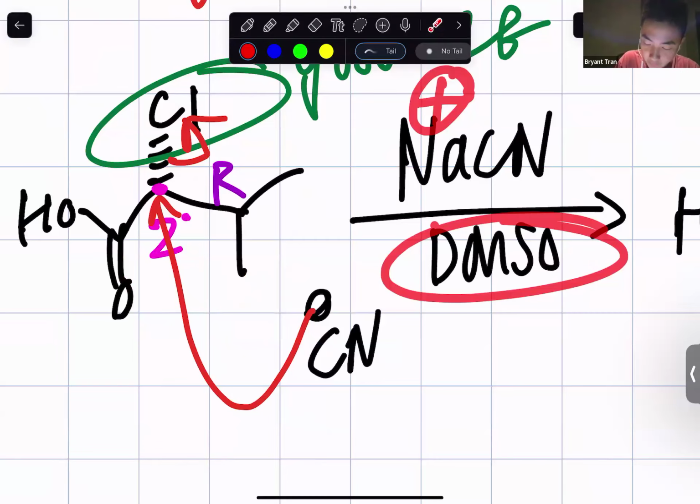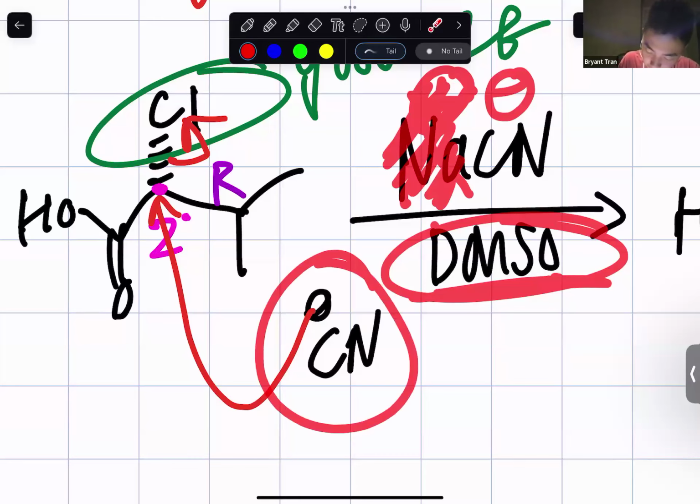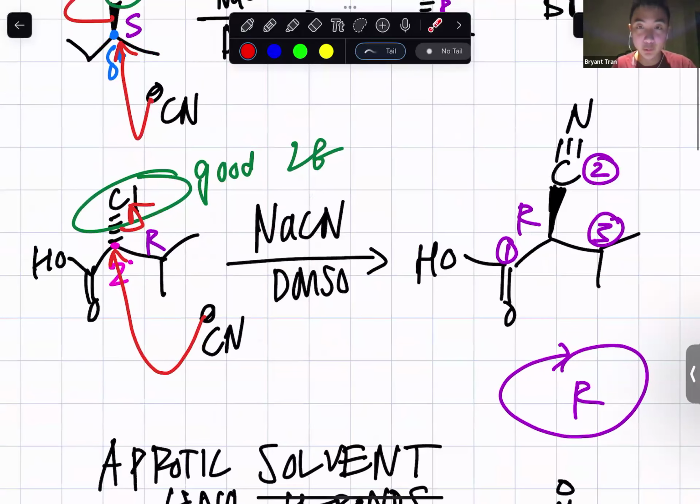The Na ion is going to float around in the DMSO solvent, and the CN minus is going to float around in the DMSO solvent, but that solvent itself is not going to react. This is a spectator ion, the sodium ion, so that won't react. The reacting species here is this nucleophile, CN minus, cyanide ion, right? So SN2 would work in an aprotic solvent that won't react with the reaction.